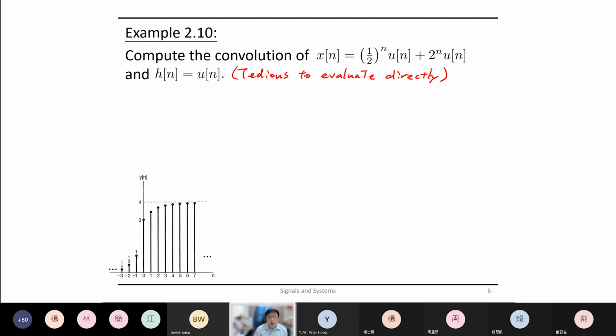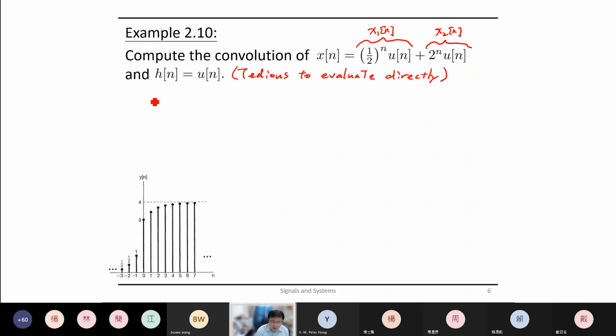But from what we just learned, we can start out by decomposing x[n] into two signals, x1[n] and x2[n], and I can find the convolution between x1 and h and x2 and h separately first before adding the outcome together.